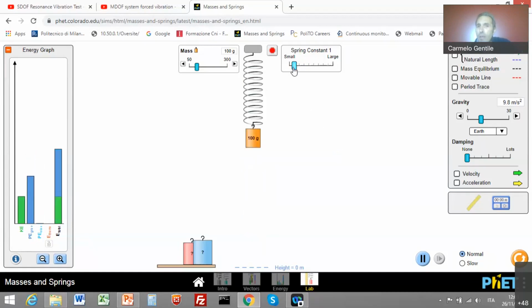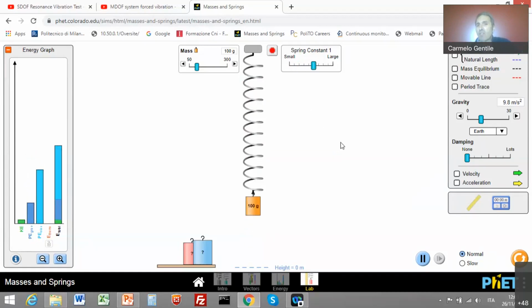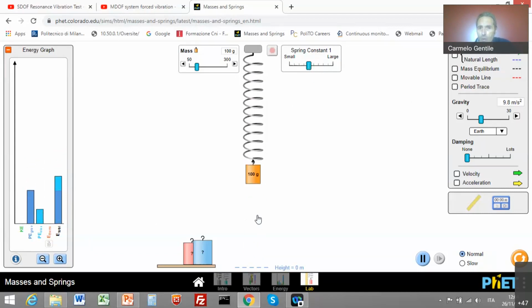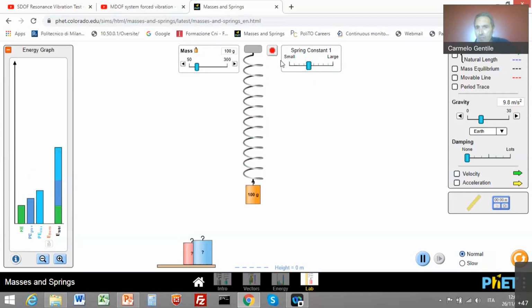Now I would like to increase the stiffness again, and now you see the velocity of the motion is larger. So the fundamental period decreased, and the natural frequency, the opposite of the fundamental period, of course increased. Okay, now let's stop this motion and let's change the mass. This is the fundamental period associated to this mass.